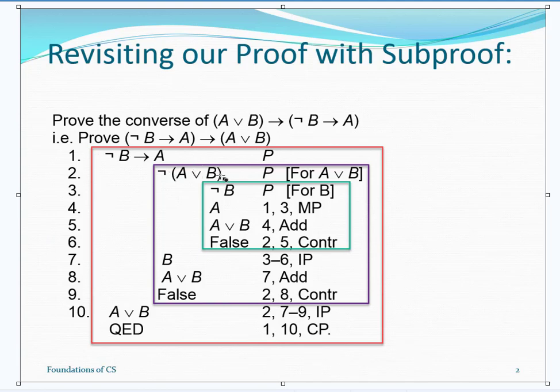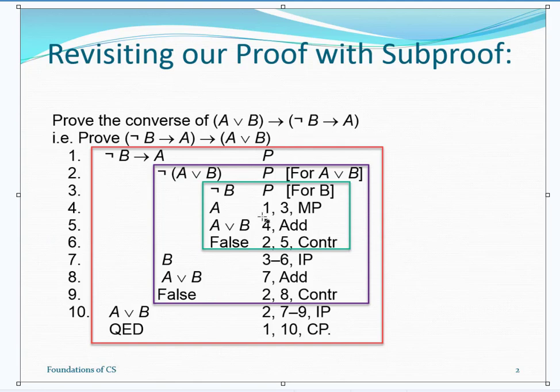So while we are doing purple, we can use line 1 if we feel like it. While we're inside of this green one, we can use anything from above, regardless of how related or unrelated to what we're doing it seems to be. We can still use it.